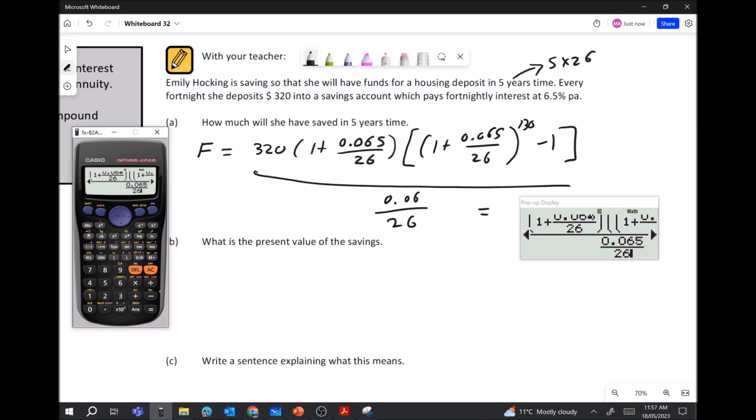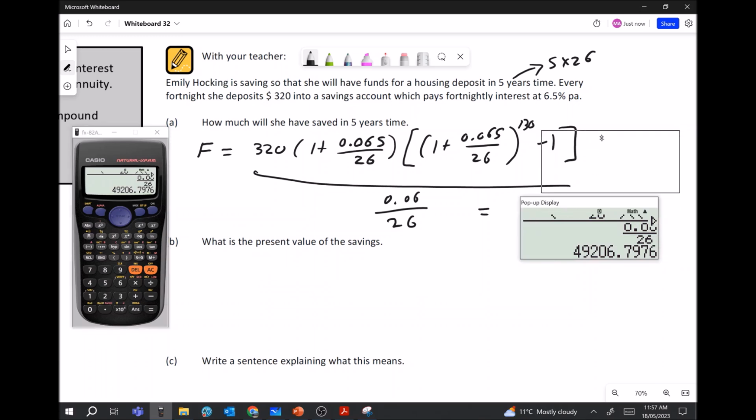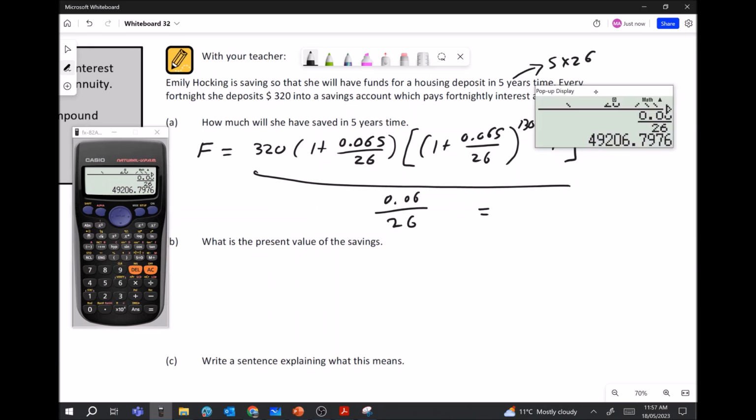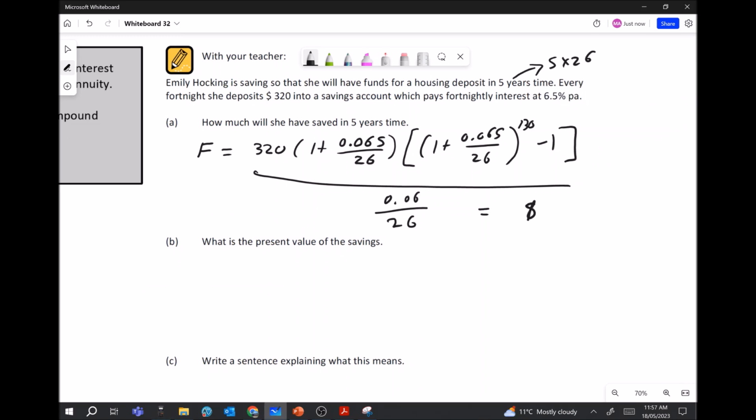Nearly there. And so that's how much Emily Hocking will have saved up by the end. $49,206. And if we ran that to the nearest cent, 80 cents. Oops, just got those the wrong way around. I'll fix that up. $49,206.80. Okay, so there is the total savings after 5 years.